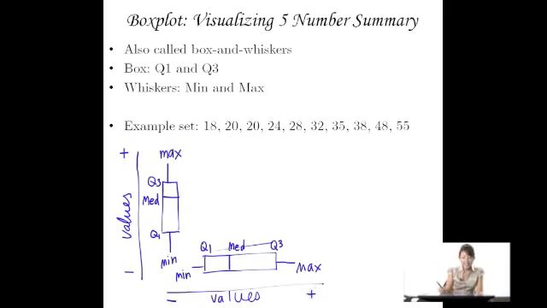All right, so let's do an example box plot here just by hand, right? Here's an example set. We can easily see what the minimum and the maximum are, so we already know that. Let's find out what the median is. So the median should be right here, so that should be 30, right?